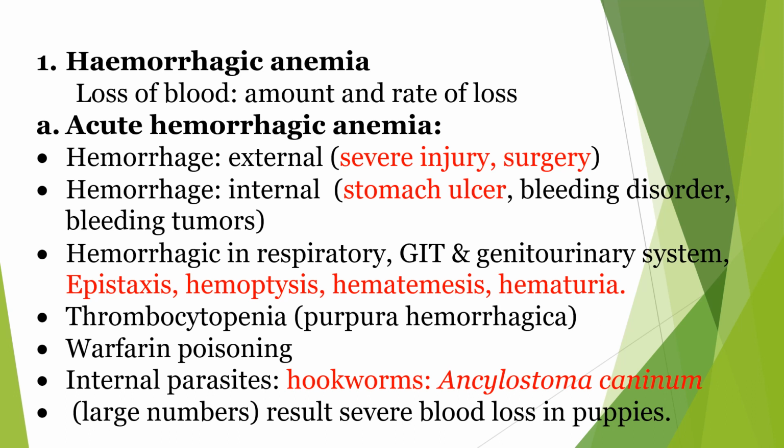Now, in acute hemorrhagic anemia, the reasons are external hemorrhage, that is due to severe injury or surgery. Internal hemorrhage may be because of common reasons: stomach ulcer, bleeding disorders, and bleeding tumors.